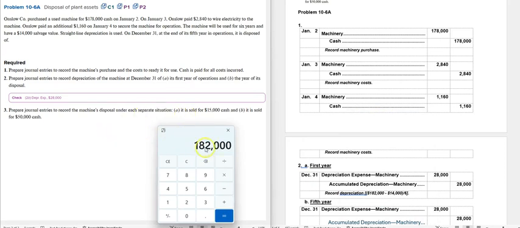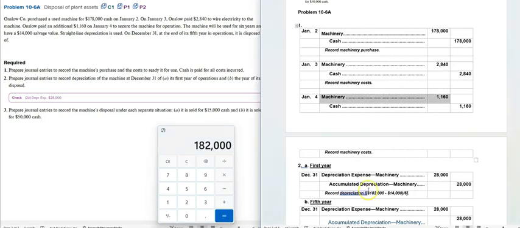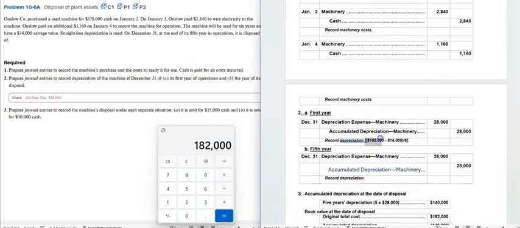Total asset cost in the asset account, 182,000. I am going to subtract out the salvage value, and divide by the number of years of life. So 182,000 minus 14,000 divided by 6, straight line depreciation is $28,000 per year. So I will debit depreciation expense and credit accumulated depreciation for year 1.